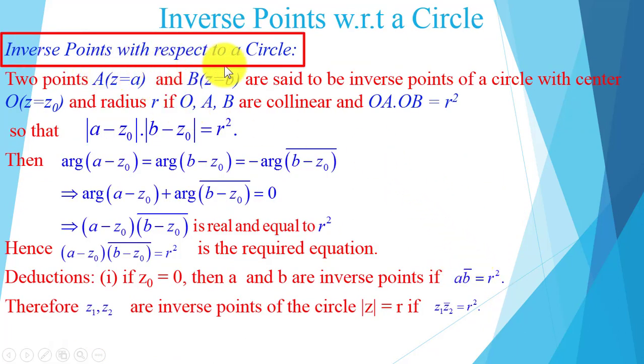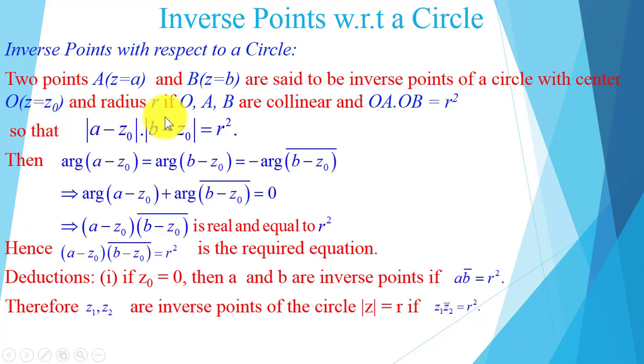Inverse points with respect to a circle. Two points A (z equal to A) and B (z equal to B) are said to be inverse points of a circle with center O at z equal to z naught and radius R if the points O, A, B are collinear and OA times OB is equal to R square.